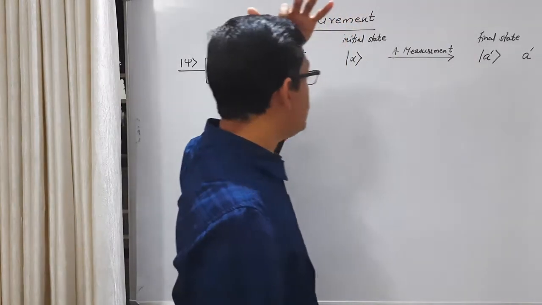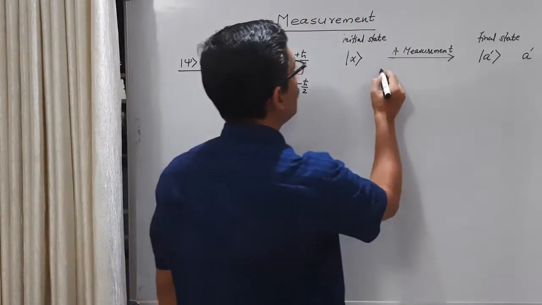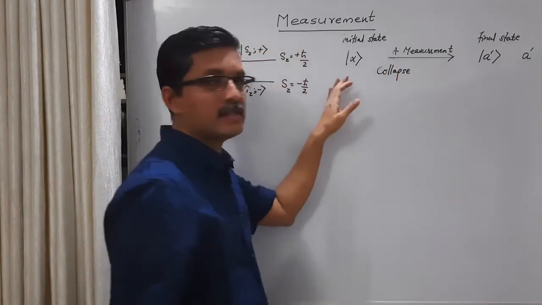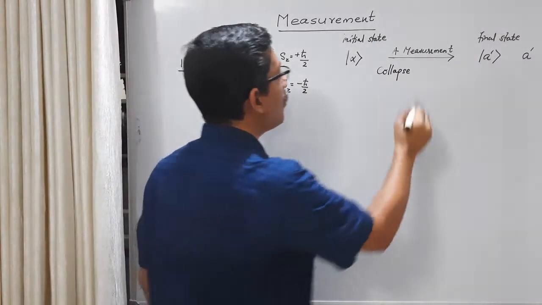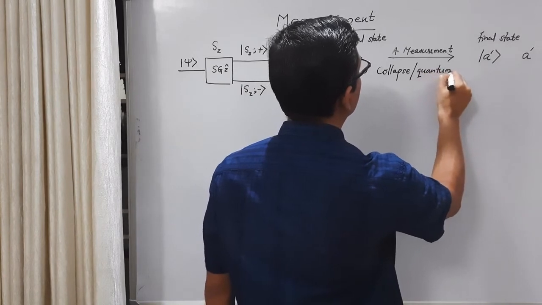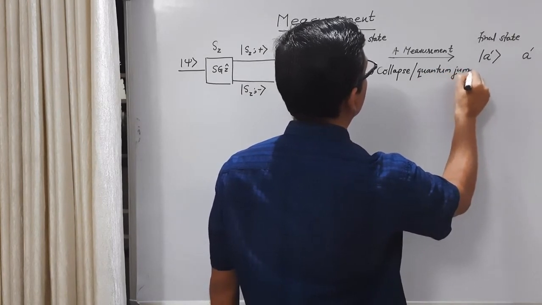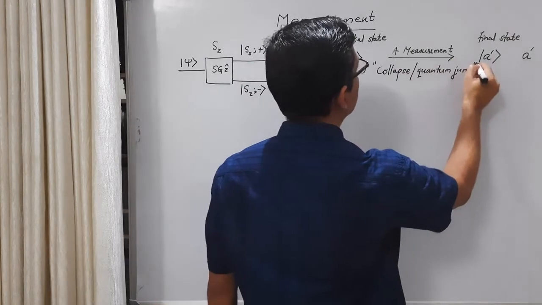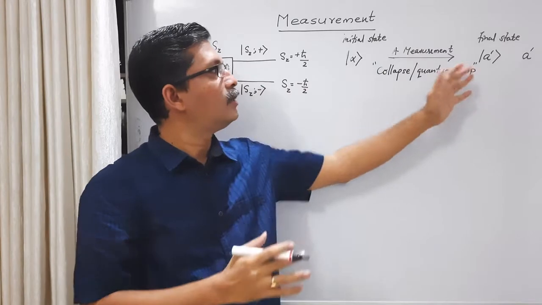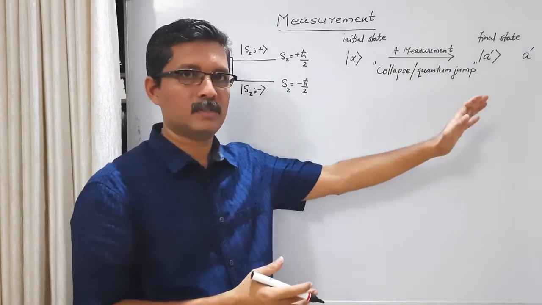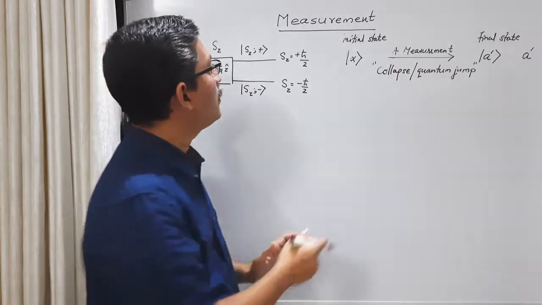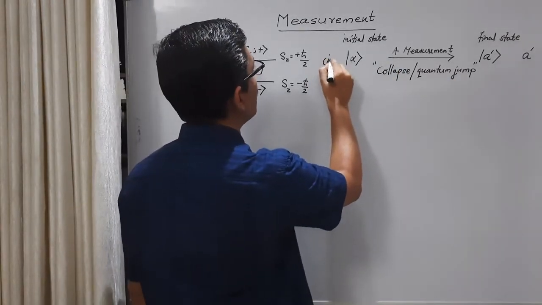And this change is often called a collapse of the initial state to the eigenstate, or a quantum jump. So we can say that the state undergoes a collapse from the general state to an eigenstate, or a quantum jump from the general state to the eigenstate. Let us say this is our trial 1.